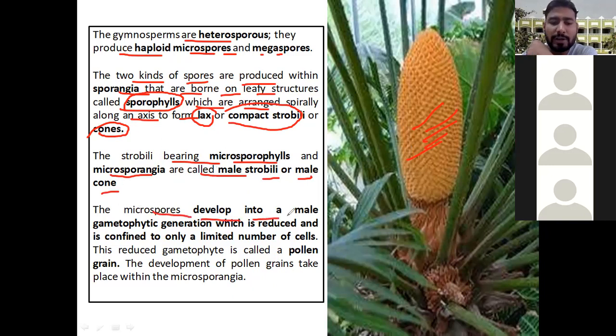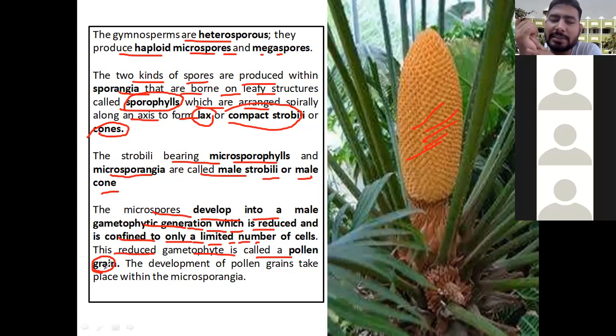The microspore develops into the male gametophytic generation, which is reduced and confined to only a limited number of cells. This microsporophyll forms the microsporangium, which develops into the male gametophytic generation. This reduced gametophyte is called the pollen grain. From here you will not get a structure like antheridia, because the last group having antheridia is the Pteridophytes.